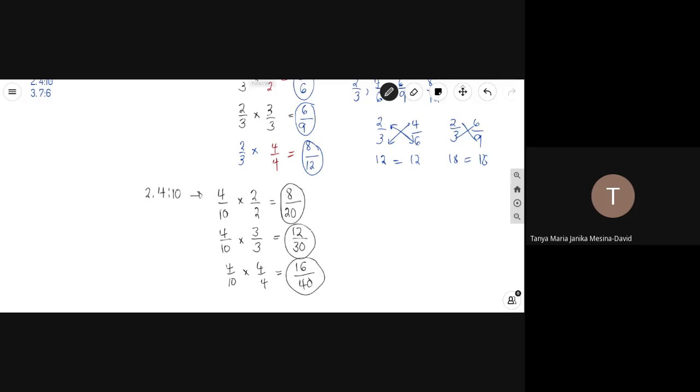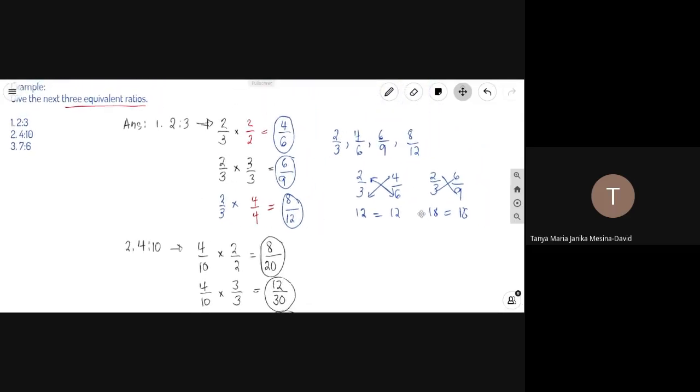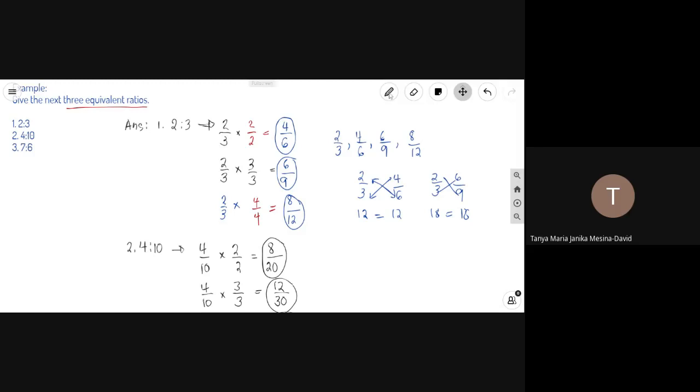Oops, I think we forgot to do something because we want to express the ratio back into colon form. So let's just go back to this first example. For the final answer, beside 2 is to 3, the equivalent ratios are 4 is to 6, 6 is to 9, and 8 is to 12.